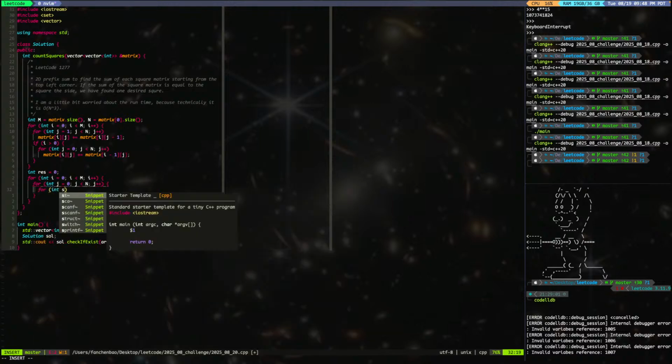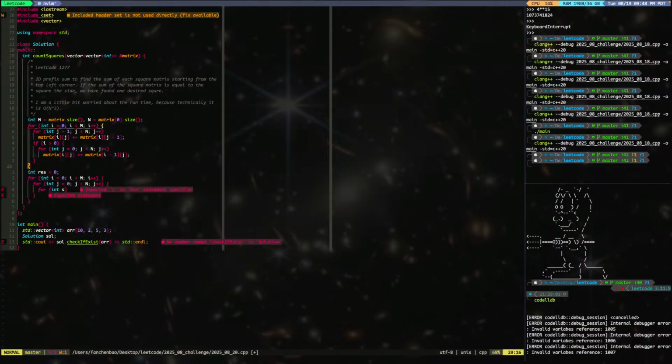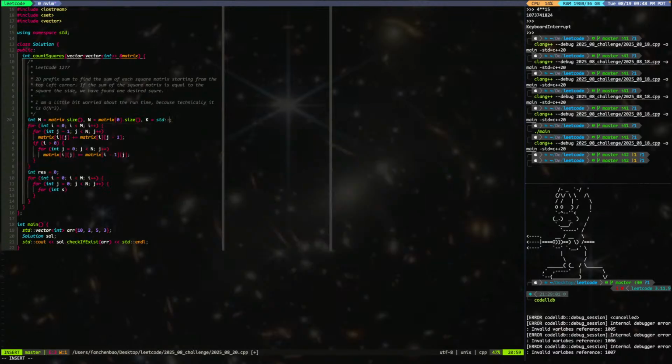Okay, for int s, and then we can do k. That's the largest side, so 1. Okay, it's the same, so we will find the bottom right.